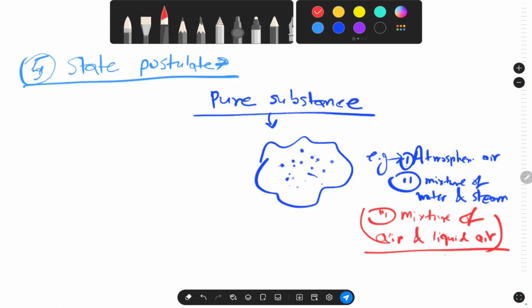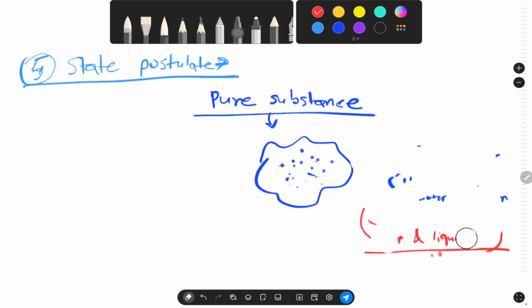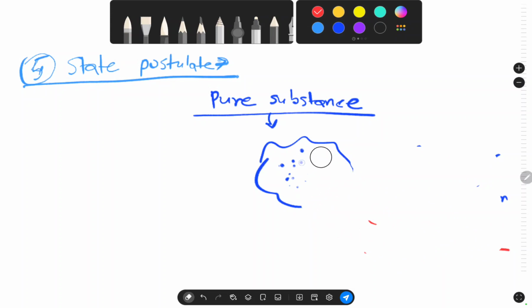So let us now go to the next concept, the state postulate. Now in the state postulate, the state of a pure substance can be described or fixed by two independent intensive properties, provided that the system is in equilibrium.